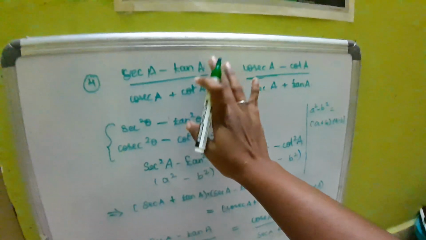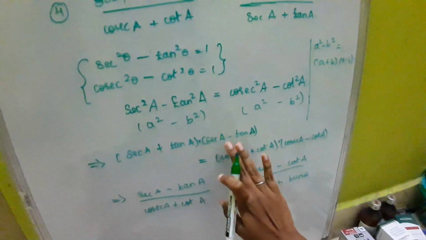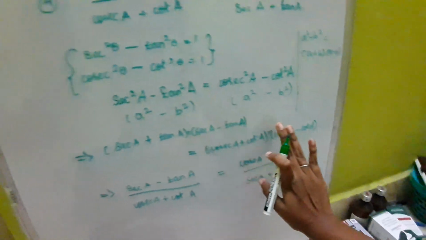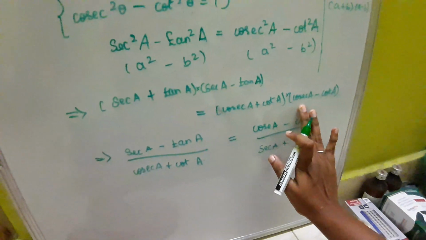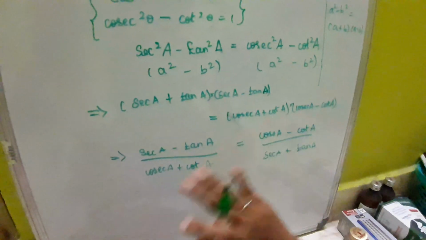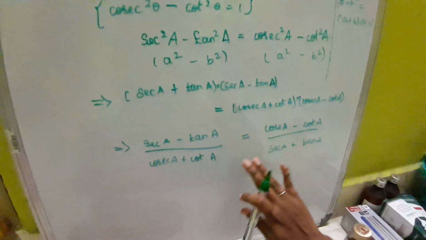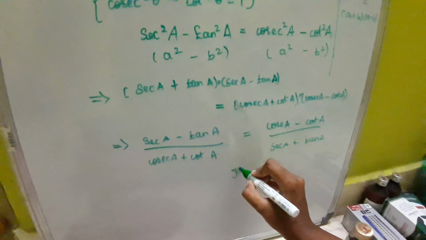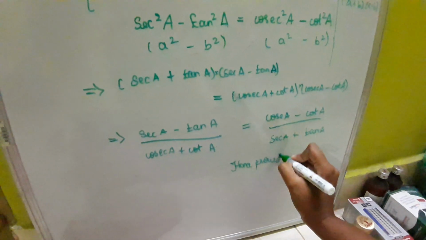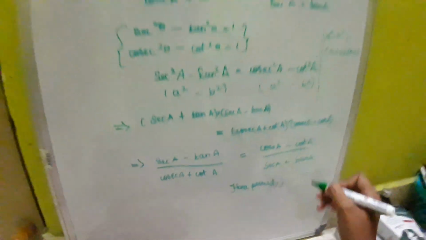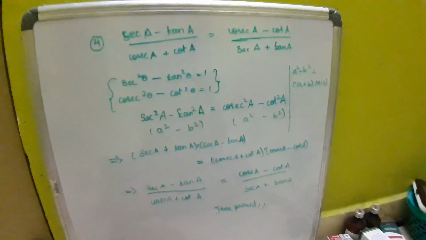Then according to the question, I keep the values that need to be on the numerator, the denominator, the LHS, the RHS, and move the rest to the other sides, and I get the answer. So hence proved. This is one of the easiest sums in trigonometry. Just go through it.